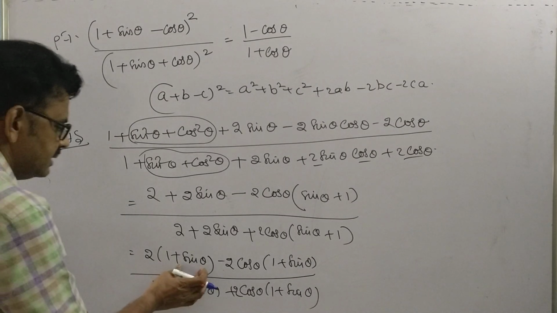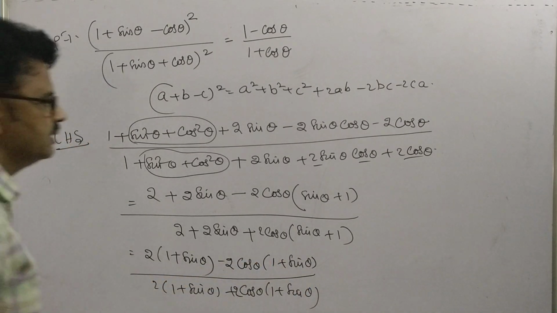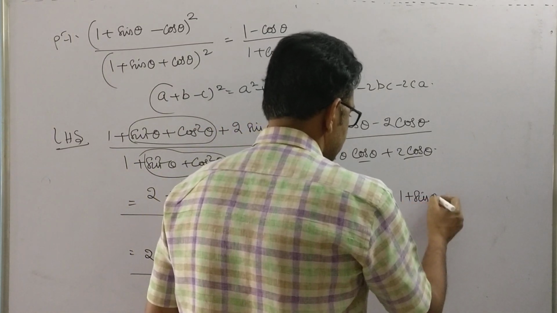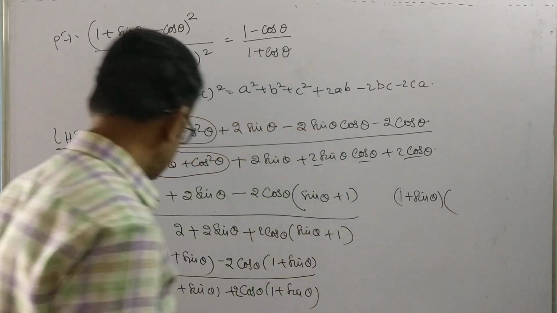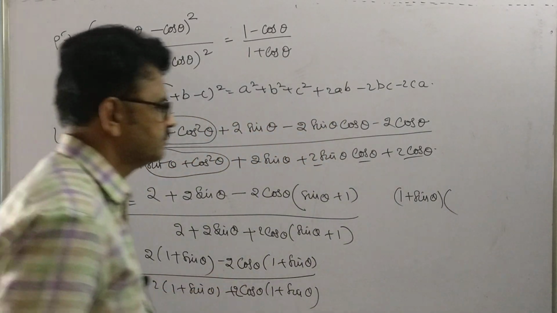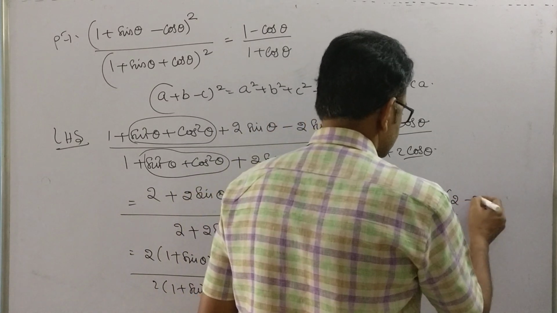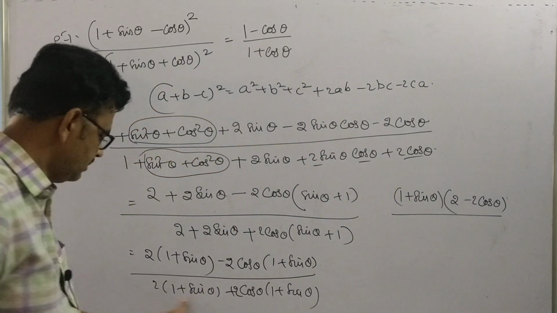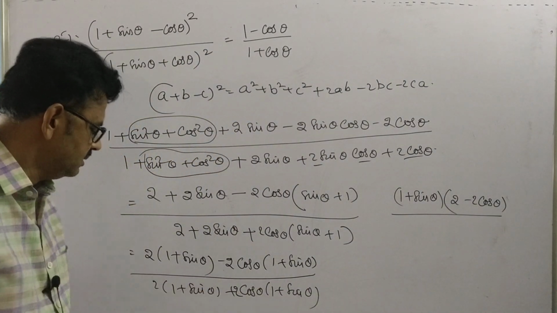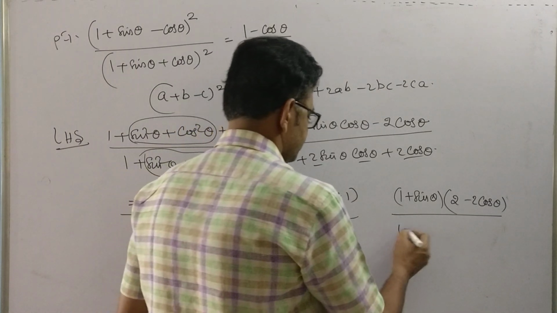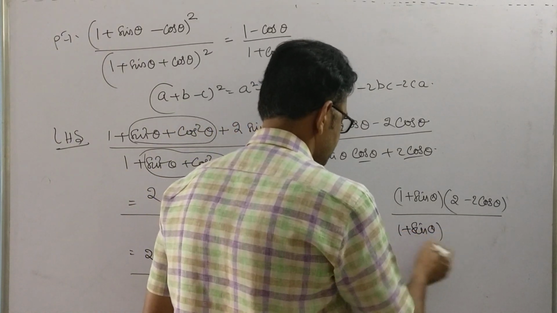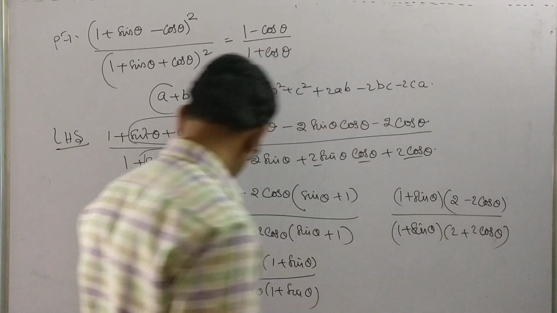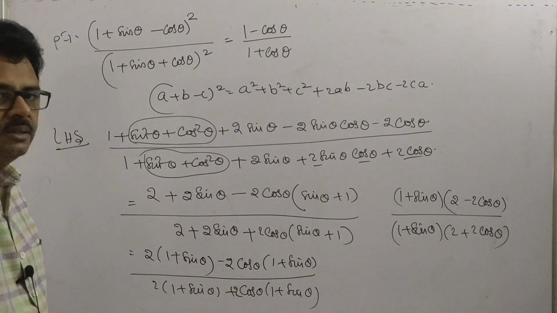So 1 plus sin theta is common: 1 plus sin theta into, so this is 2 minus 2 cos theta, by the denominator, 1 plus sin theta common, 1 plus sin theta into 2 plus 2 cos theta.